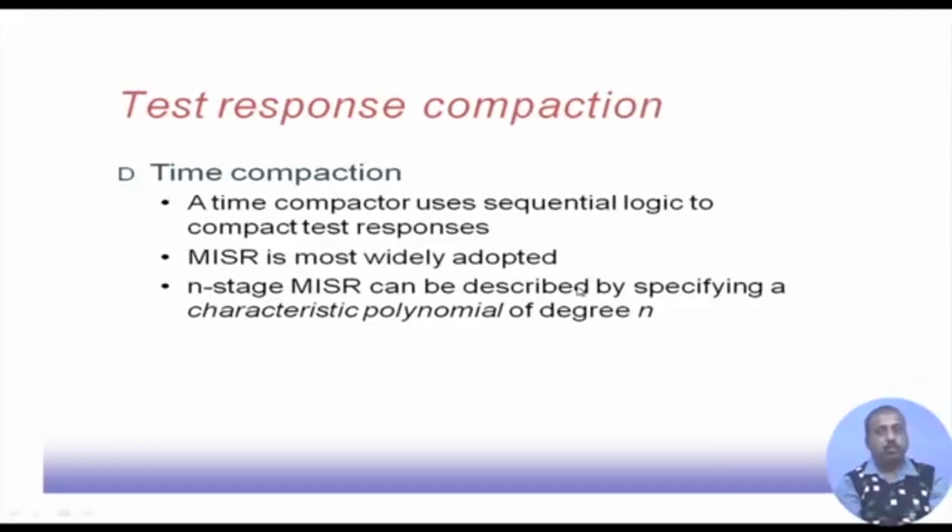Next, we look into the time compaction. Space compaction has ensured that out of say m outputs from the circuit, or the m scan chains that we have, it has combined those m outputs in some fashion, so that it gives say p outputs. But for each test pattern, for each scan cycle, it is giving us one such p bit pattern.